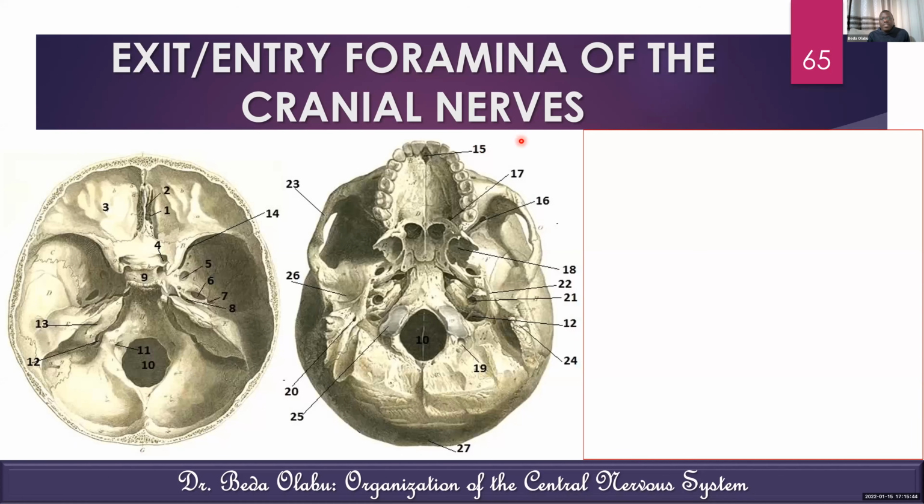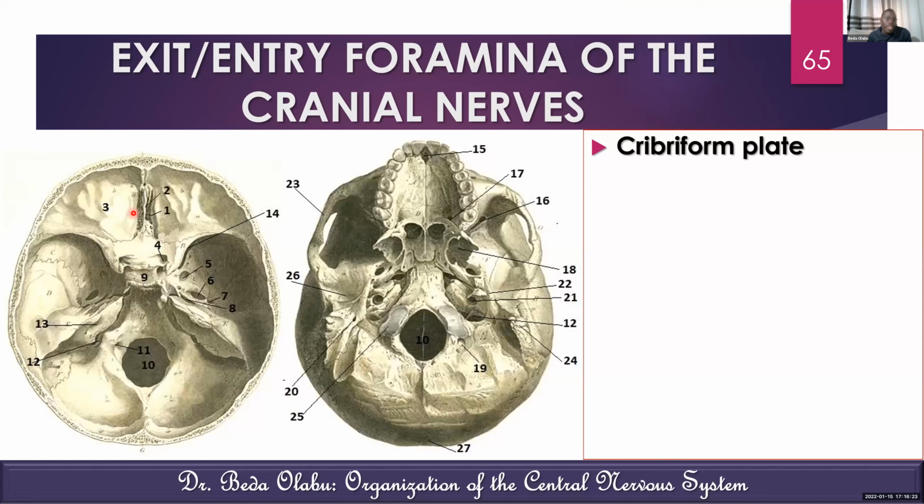Let's revisit the different skull foramina where the cranial nerves will exit or enter, depending on how you look at it. I'll only highlight the skull foramina that traverse cranial nerves. We have what we call the cribriform plate.